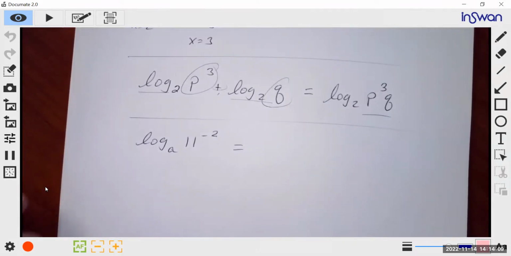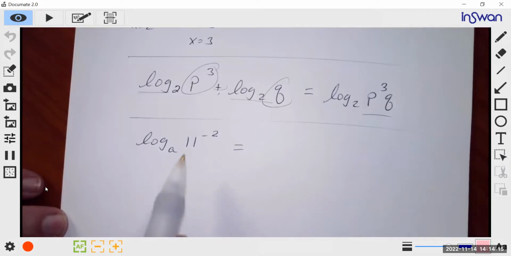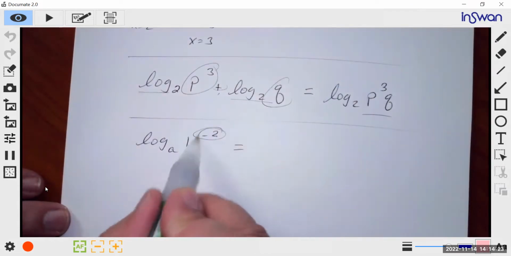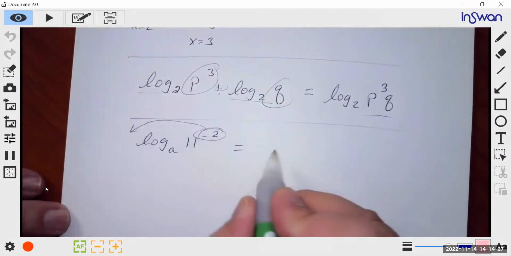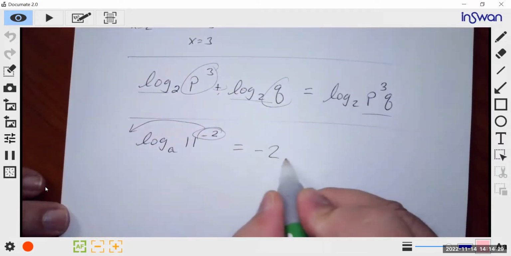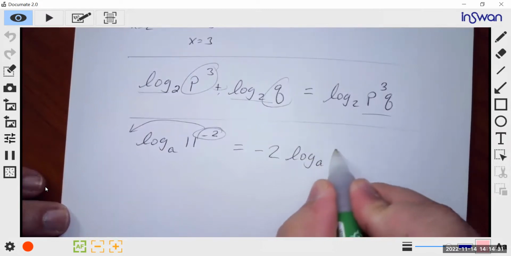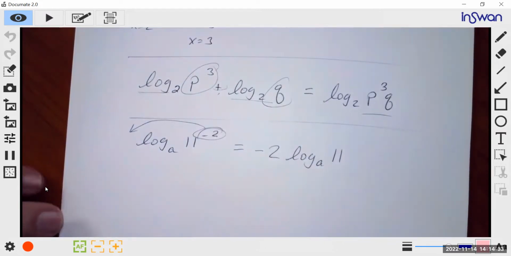There's only 3 properties, ladies and gentlemen. Is it a quotient? Is there a fraction there? It's an exponent. Can you have an exponent? No, that exponent comes out in front. So -2 log base A of 11. That's how you write it.